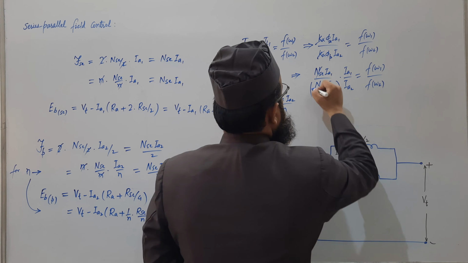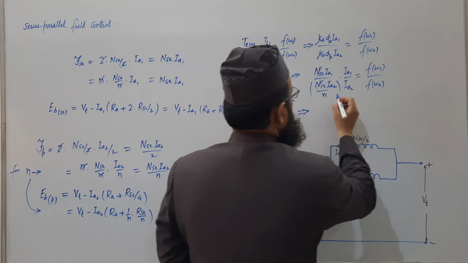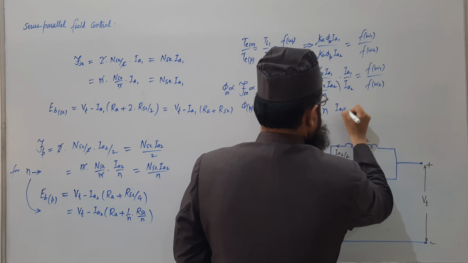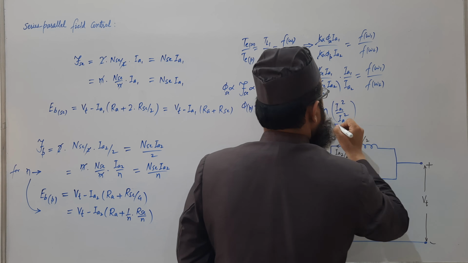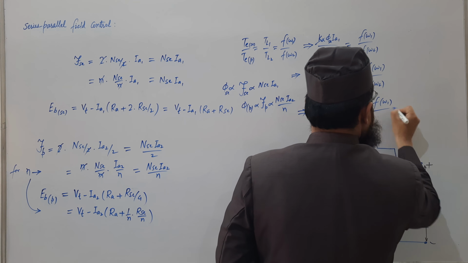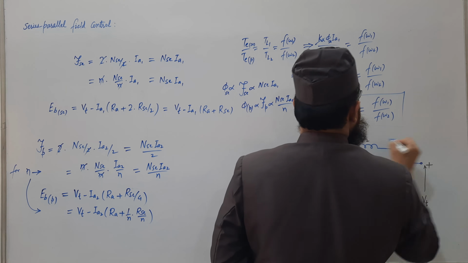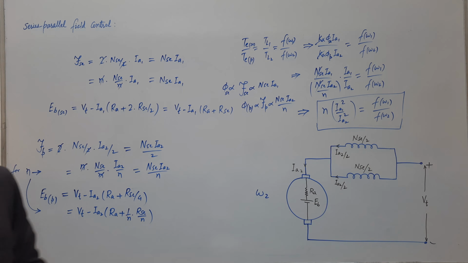The NSE will get cancelled. So this implies n times IA1 square upon IA2 square is equal to f omega 1 upon f omega 2. So this is one relation using the torque equation. Fine.